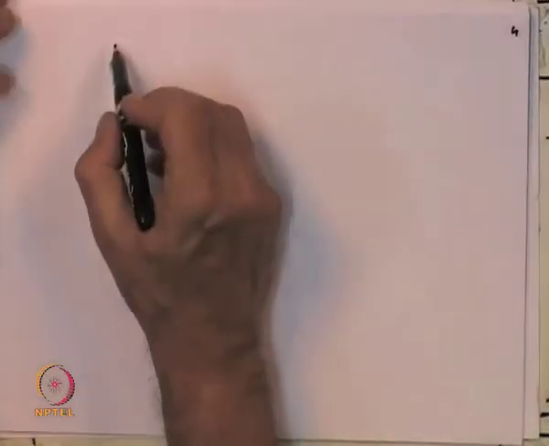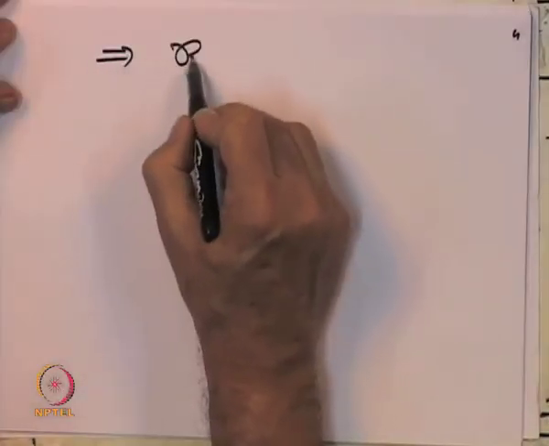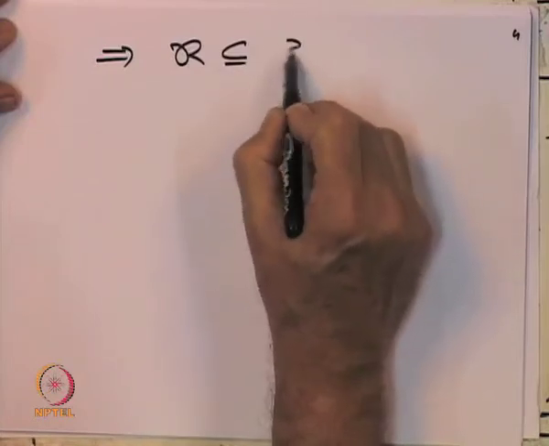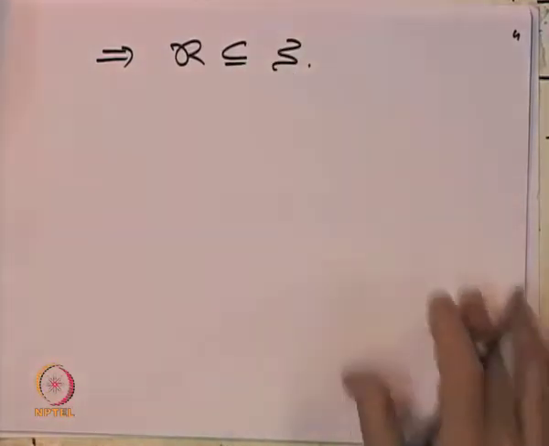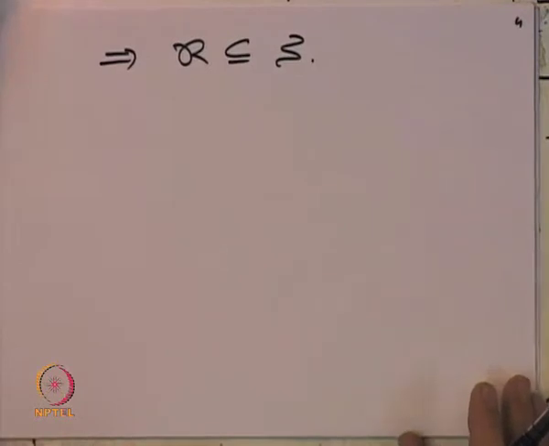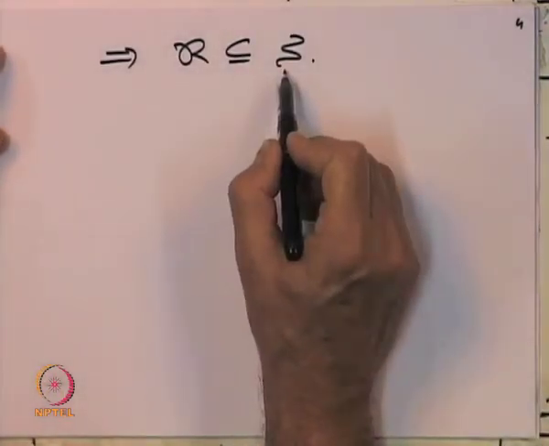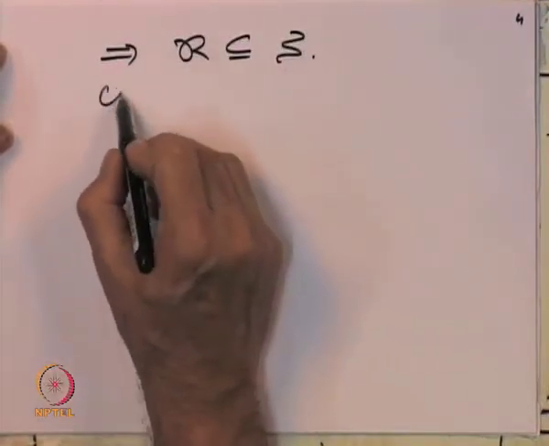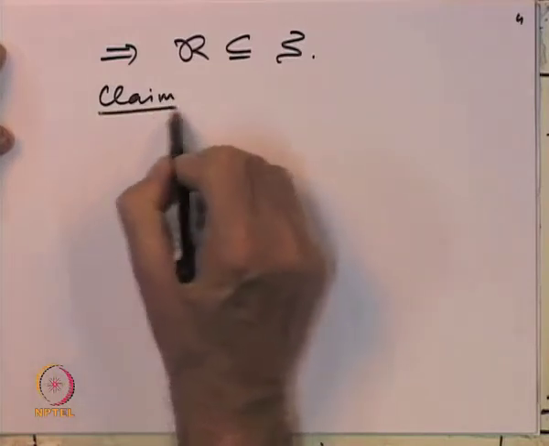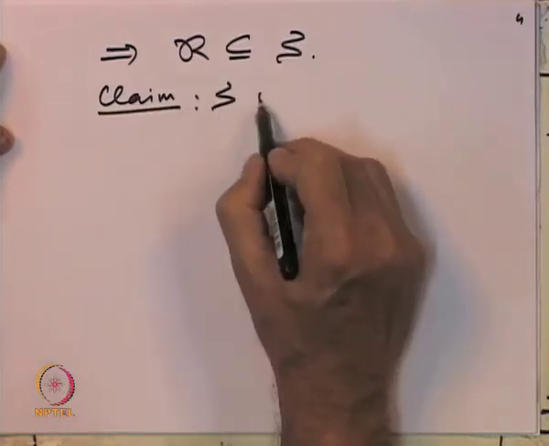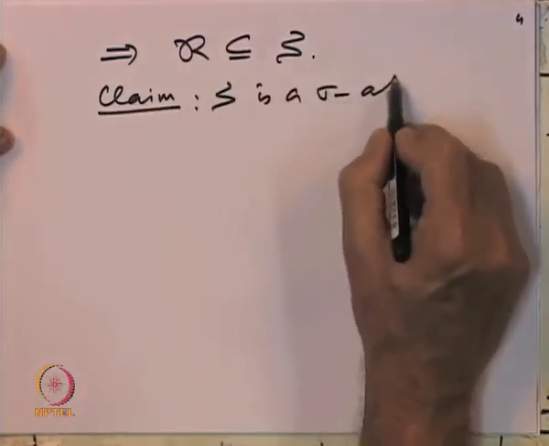So all rectangles are inside the sigma algebra S, and we wanted to show that the product sigma algebra is inside S. So, it is enough to show that S is a sigma algebra. Let us claim and try to prove that S is a sigma algebra.